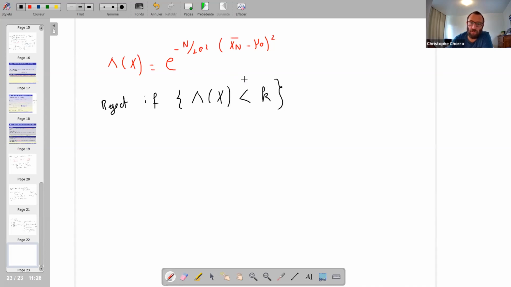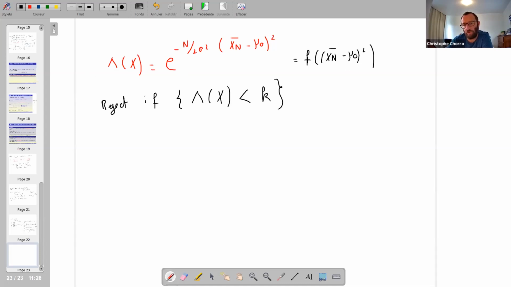But here, what do you see? You see that here you have a function of xn overline minus mu 0. I can write it this way, it's the same.